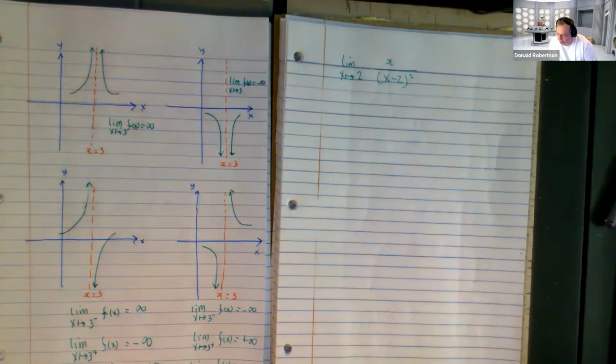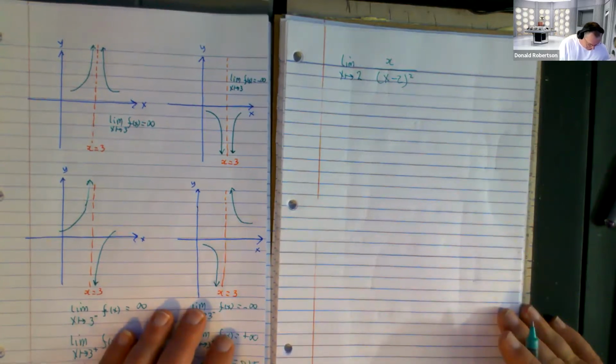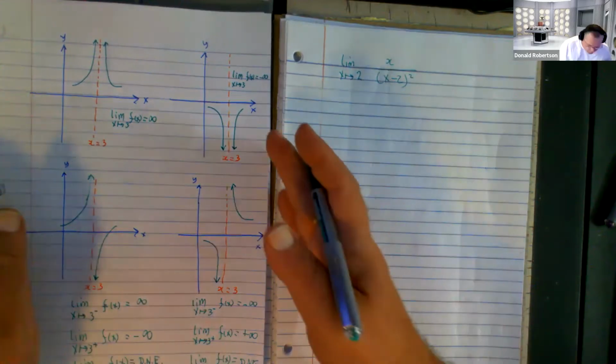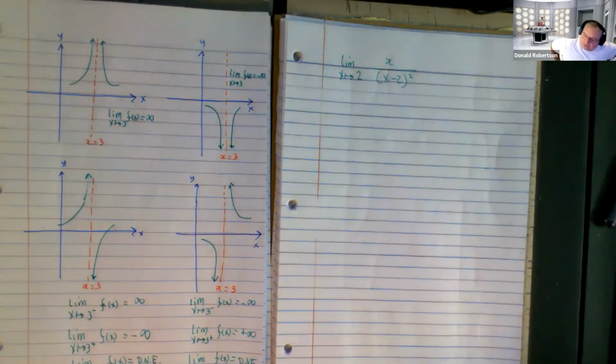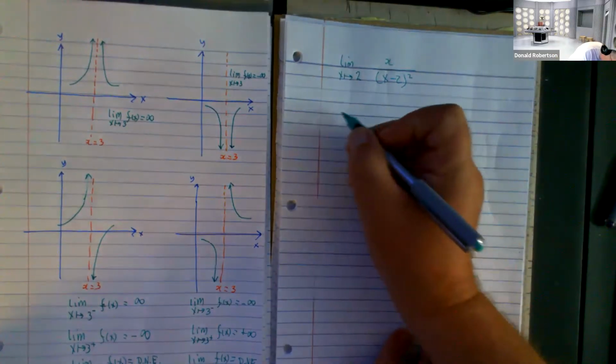I'm going to show you 2 other methods. We're going to show you essentially a numerical method where you just do a table of values, and an algebraic method, very often called brute force. Right, well, let's do the table of values method.